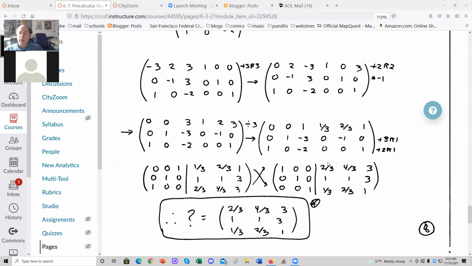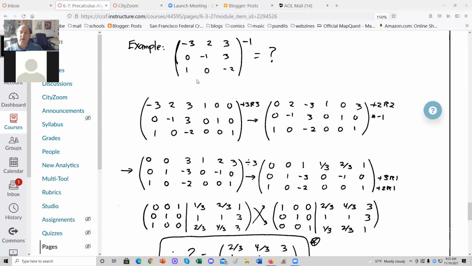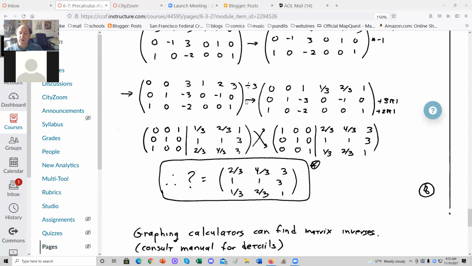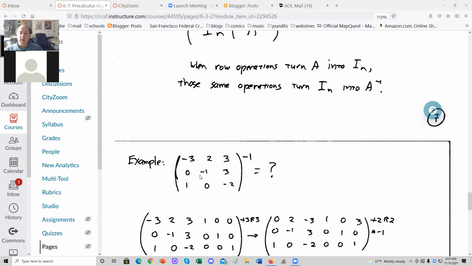Doing that here, you get 2/3, 4/3, 3, 1, 1, 3, 1/3, 2/3, 1. So this here is the inverse of this. The inverse of the matrix with rows -3, 2, 3; 0, -1, 3; and 1, 0, -2 is 2/3, 4/3, 3, 1, 1, 3, 1/3, 2/3, 1. This and this are inverses.